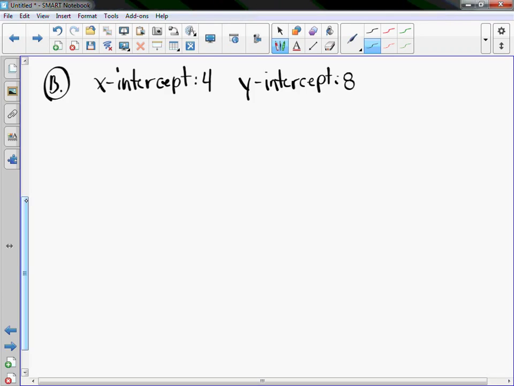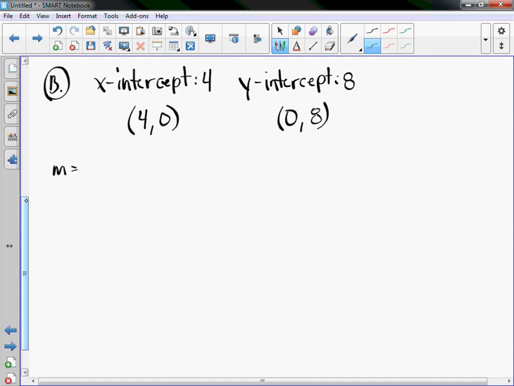So the x-intercept point is actually (4, 0). And the y-intercept point, the opposite of that, lands on the y-axis, so the x value has to be 0. So it did just give us 2 points. This problem ends up being almost identical to the last problem, just with different numbers, and it gave us some nice zeros to work with.